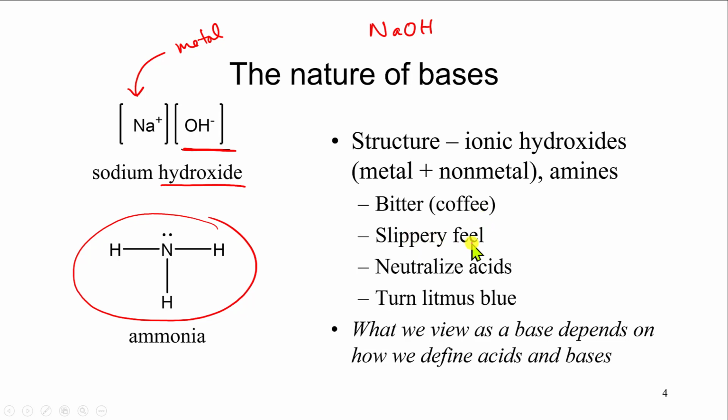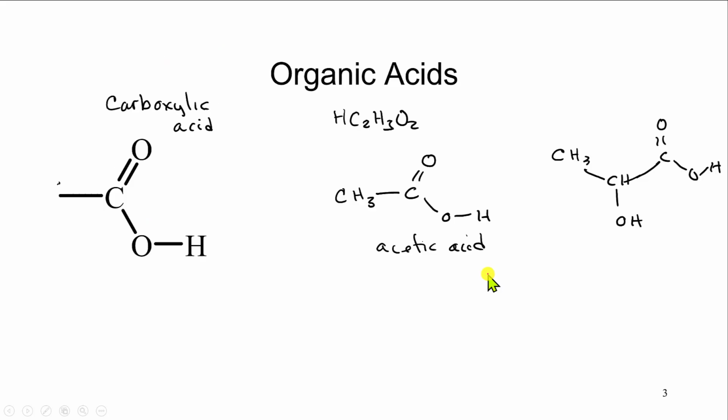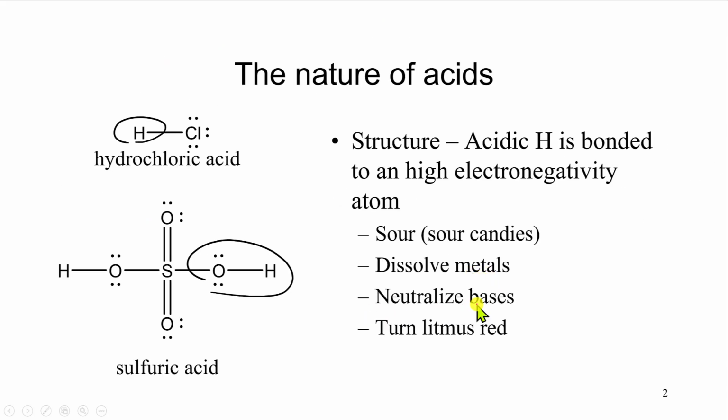They also have a slippery feel, and we'll learn about this a little bit in the upcoming chapters. But that mostly is because it removes metal ions from the solution that cause water hardness. And so, anyways, bases tend to have this slippery feel to them. They neutralize acids, which is the opposite of metals that neutralize bases.